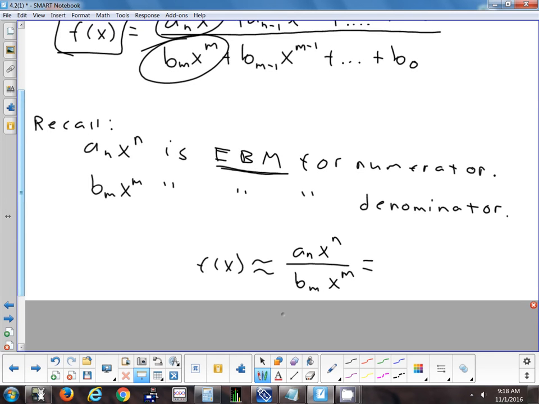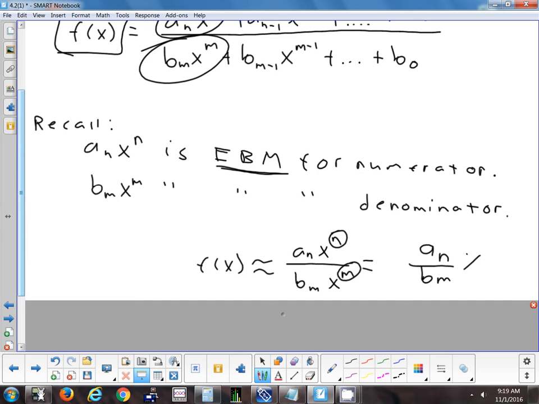Okay, now does anyone remember the rule when you divide two things with the same base? What do you do with your exponents? You subtract them. So basically what happens is you're going to have a sub n, whatever that number is in front of the term in the top, over b sub m, whatever the number is in front of the term in the bottom.